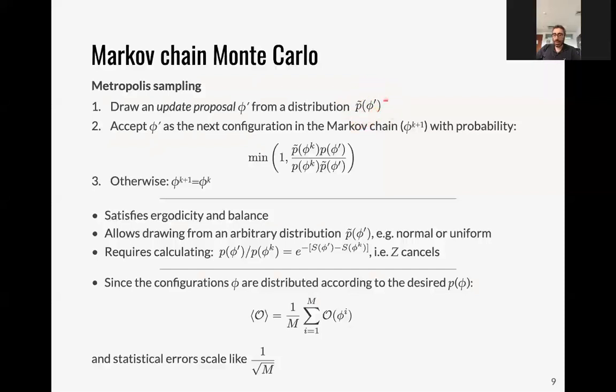If P tilde is a very bad, unfortunate choice of sampling, then you will get more and more rejection. This ratio will be far from 1, and you will be more likely to not accept a change, which means you'll get a Markov chain with many repeated configurations.